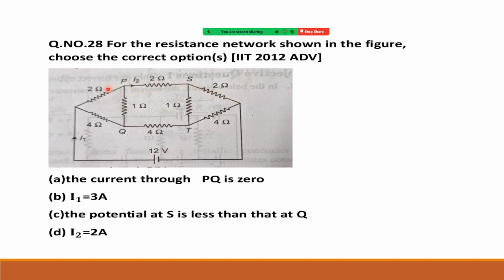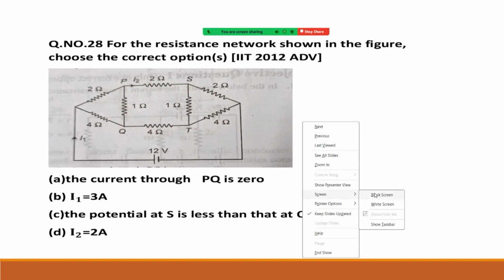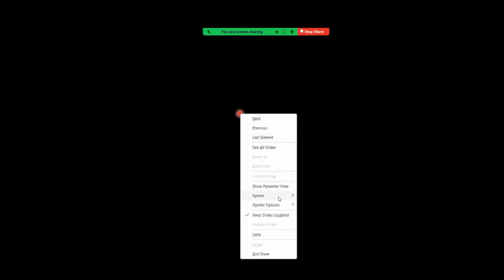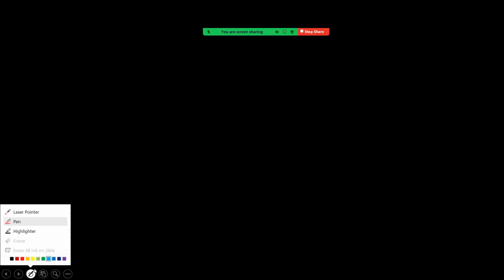This is a 6. This is now 4, 4, 4. This is 12. 6 and 12, now these two are parallel. Let me draw a diagram once. See the circuit diagram once given.